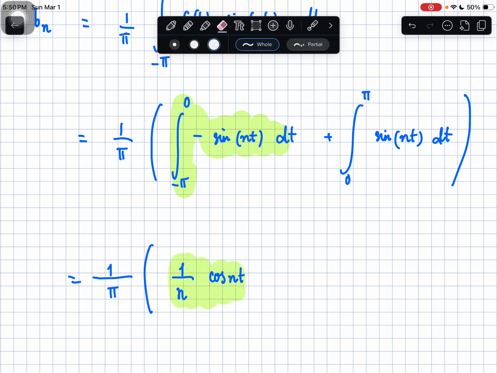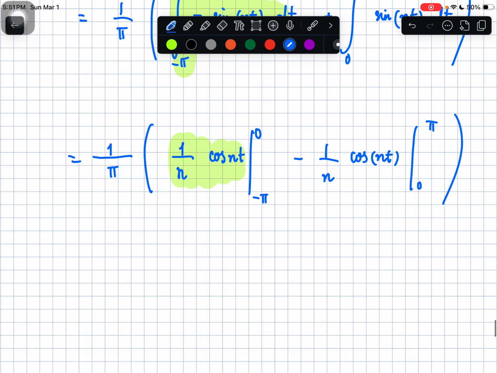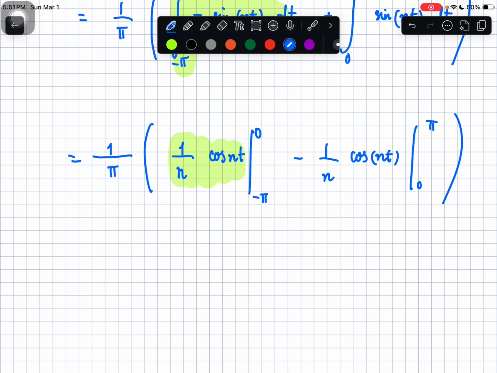For the second term, remember that's 1 minus pi to 0. For the second term, you have minus 1 over n cosine nt from 0 to pi. So this one, 1 over pi, 1 over n, cosine 0 minus cosine minus n pi.